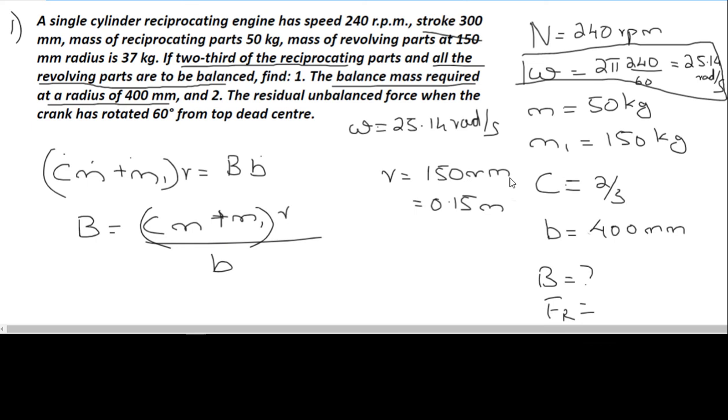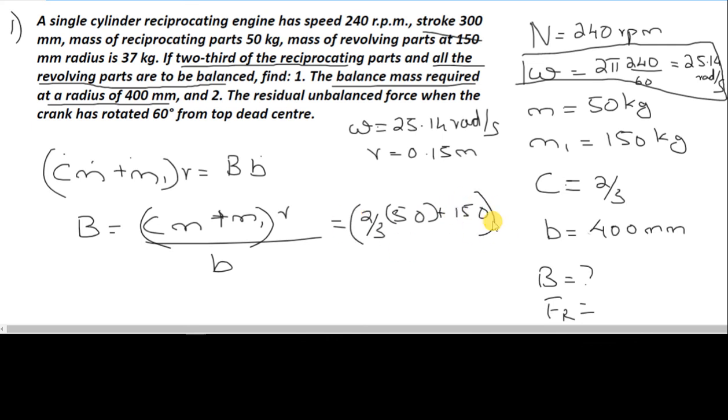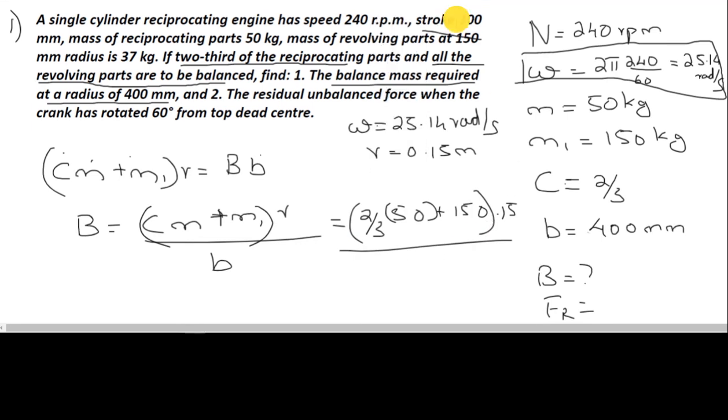And everything is written here. So R is equal to 0.15 meters. So it will be 2/3 times (50 plus 150) times 0.15 divided by small letter b, which is given as 400, that will be 0.4.